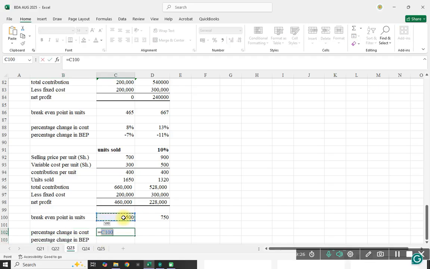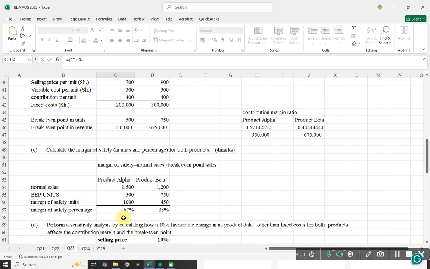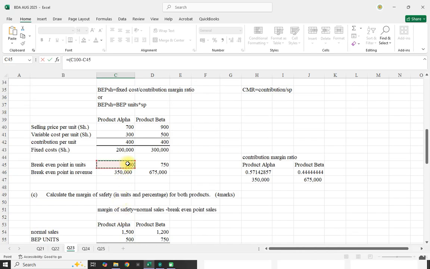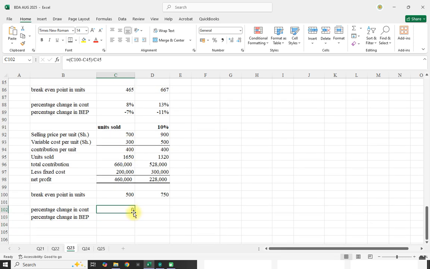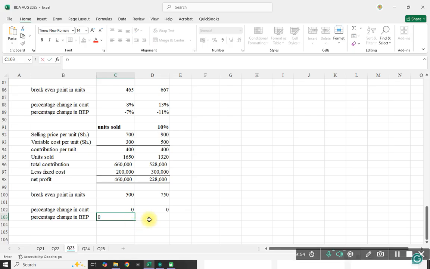It will be 0 because it is this minus the original. The original was the same value, 500 divided by 500. You just get 0. So there was no need of even calculating these, because both of them will be 0.